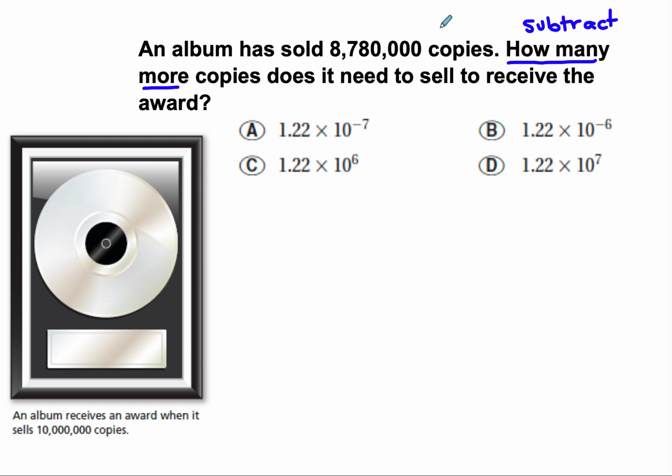And later in this chapter, we will be looking at how to do that with numbers that are in scientific notation. But we are going to keep our numbers in standard form. This is standard form, this is standard form. And then when we get to our answer, then we will figure out which one of these it matches. Okay, album receives an award when it sells 10 million copies. So I'm going to do 10 million.